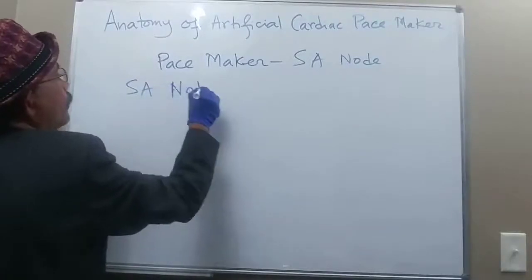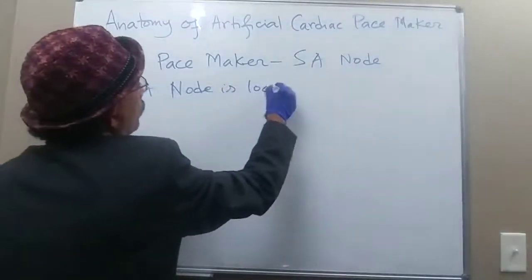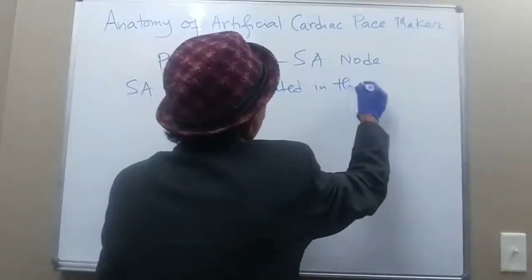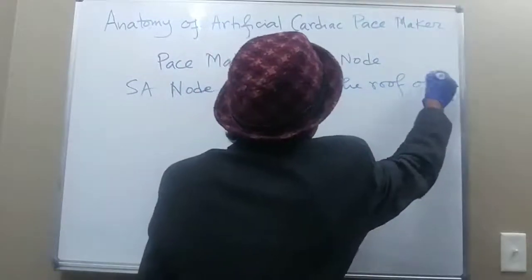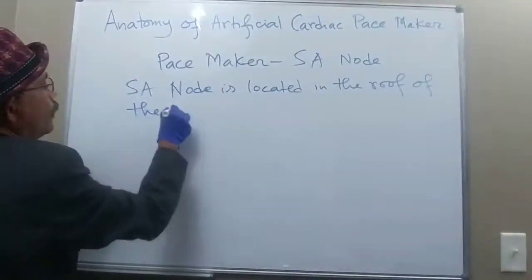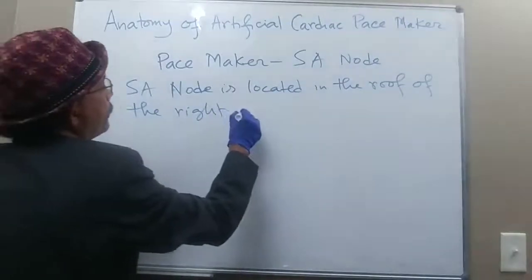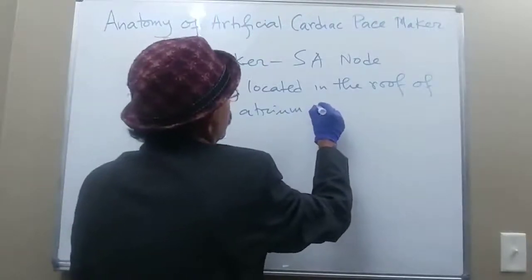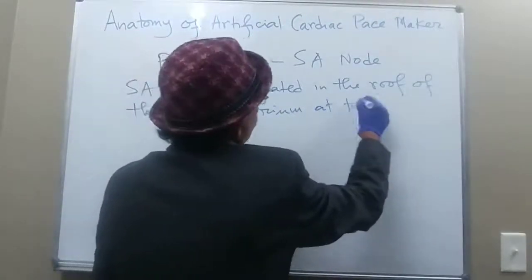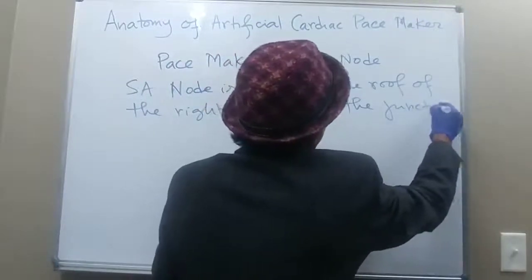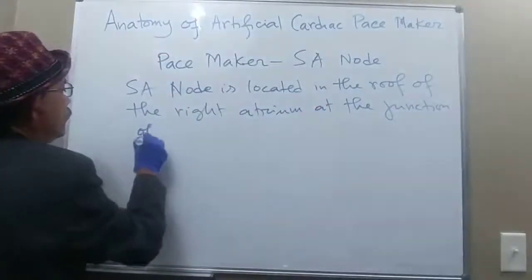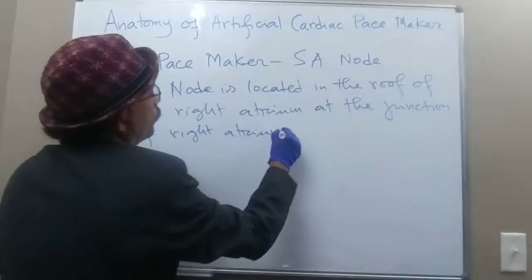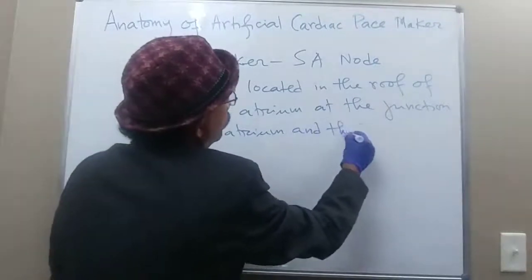The SA node is located in the roof of the right atrium at the junction of the right atrium and the superior vena cava.